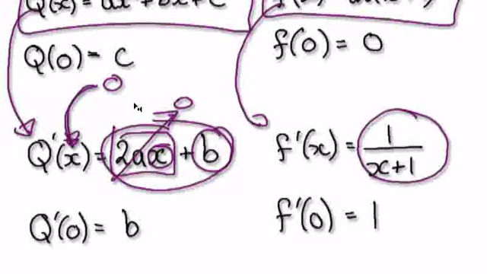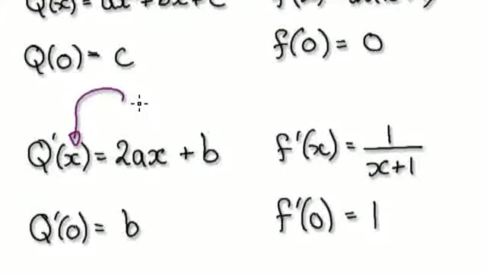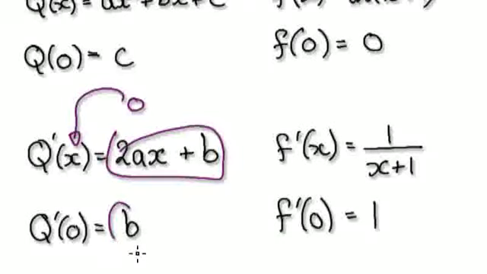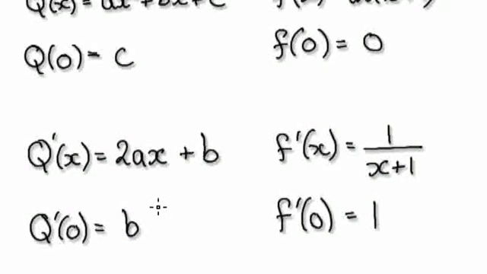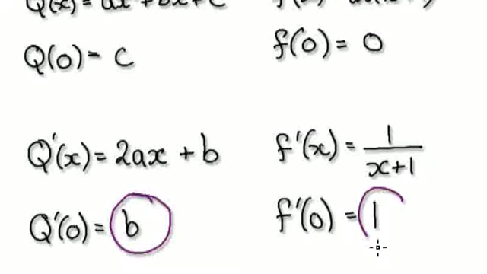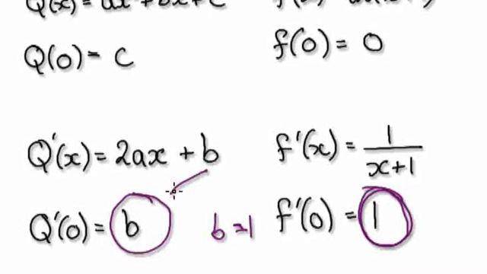Now put 0 into the original's derivative, and this whole thing will be 1. So you want the gradient of our quadratic approximation to be the same as the gradient of our original function. So b equals 1.